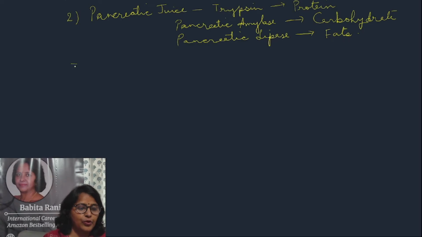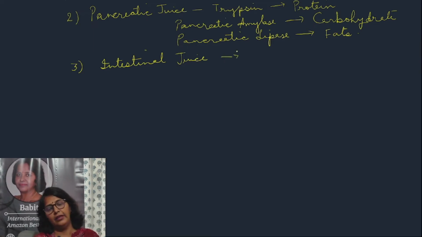The third component of this is intestinal juice, which is secreted by the intestine. And here complete digestion takes place. Whatever digestion is left in the mouth or in the stomach is digested completely in the intestine, with the help of pancreatic juice and intestinal juice.